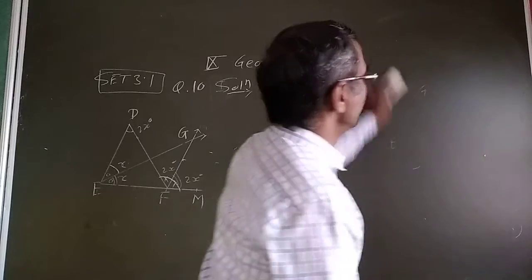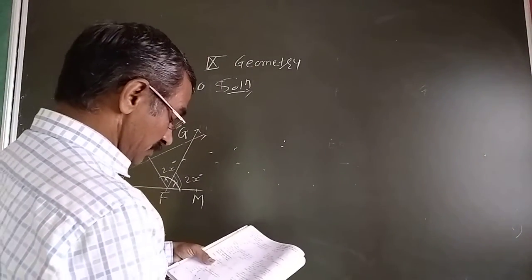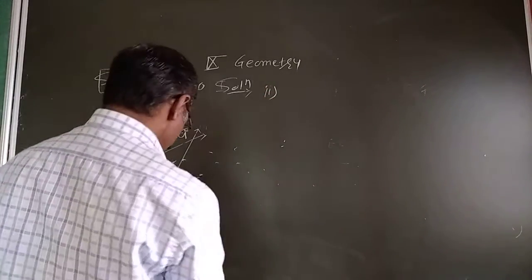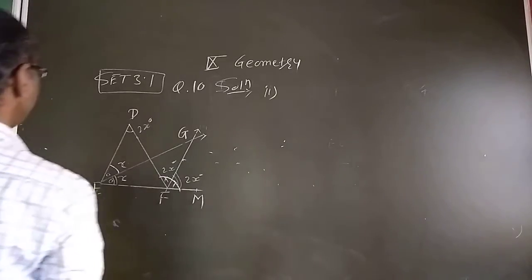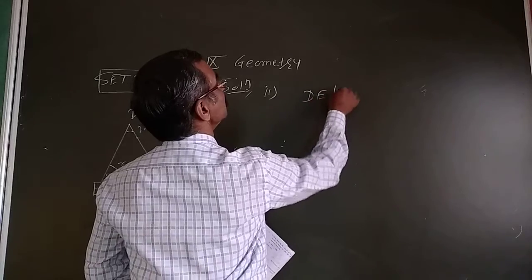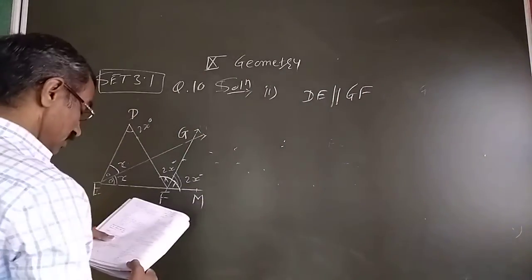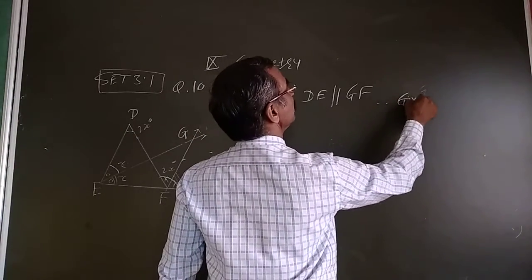Then in the second part we want to prove EF is equal to FG. So by using the given information, line DE is parallel to the line GF. These are the given things.